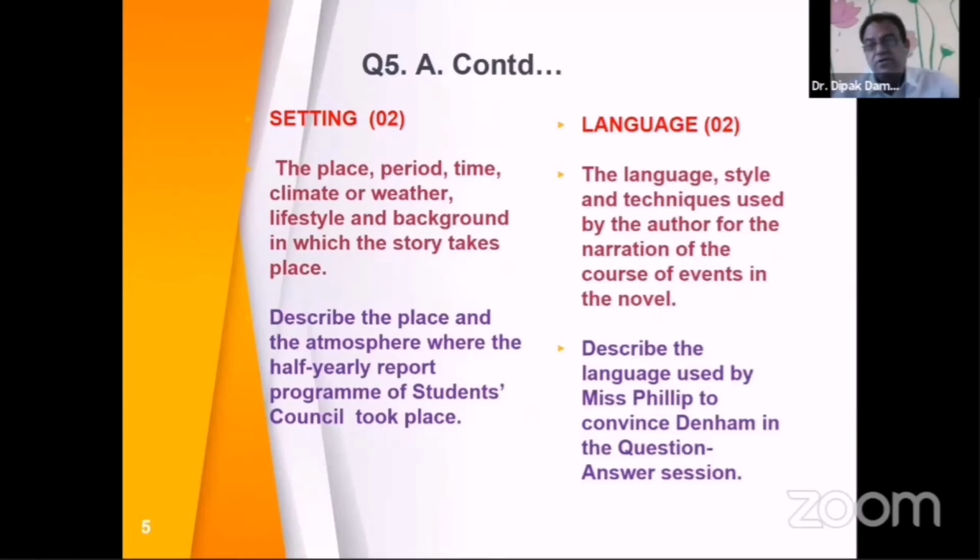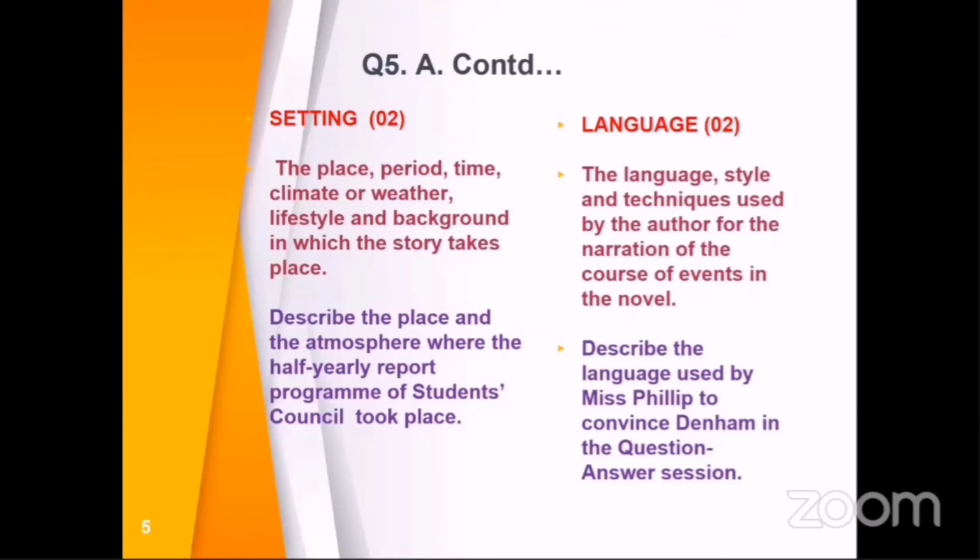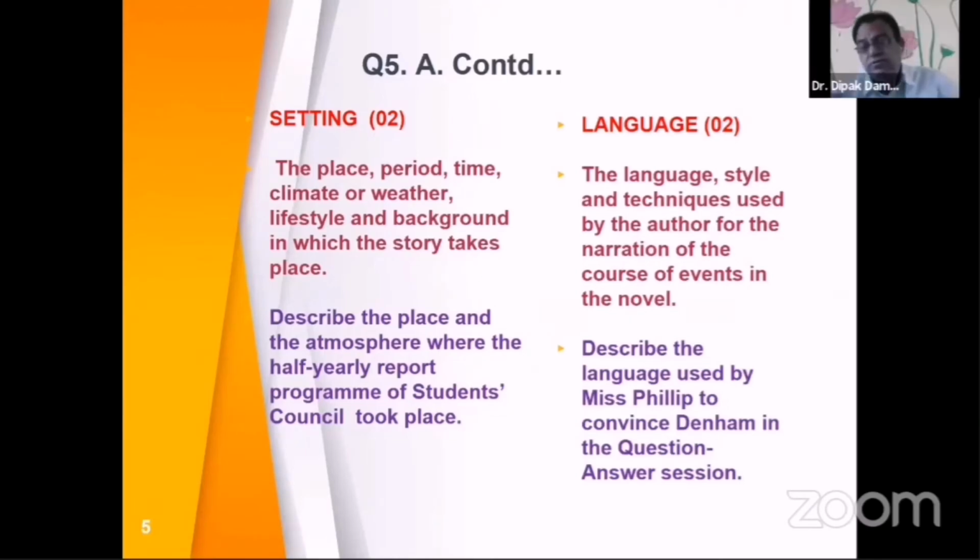Now regarding the language, every author has a particular language. He uses a particular language. His style is different, his technique is also different. So we have to make activities or questions. For example, here I have given one activity: describe the language used by Miss Phillip to convince Denham in the question answer session.